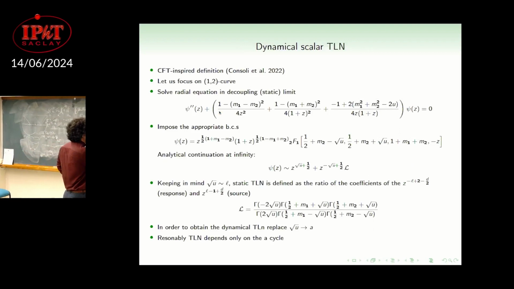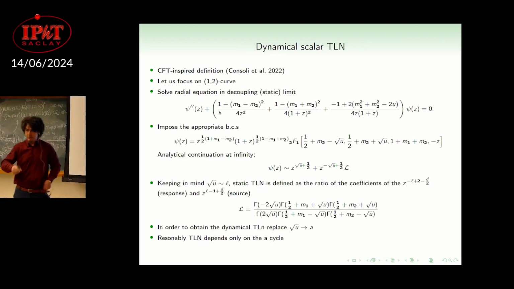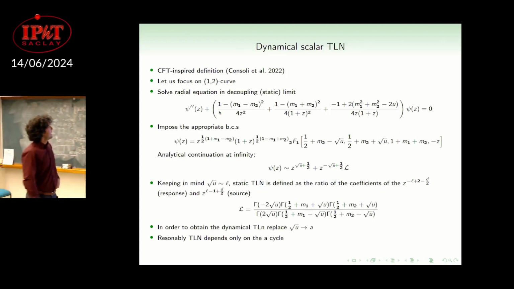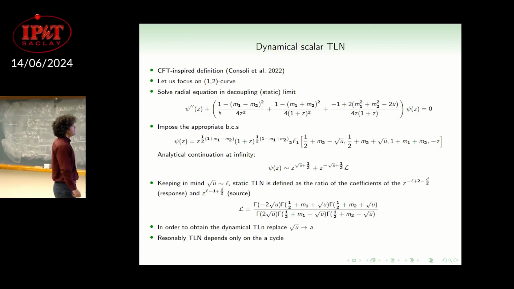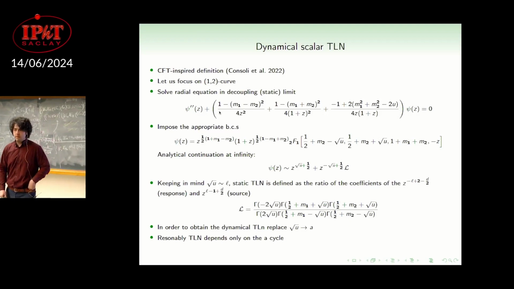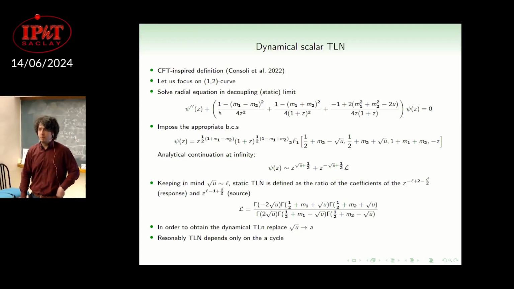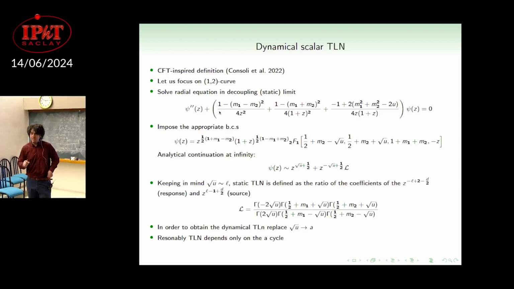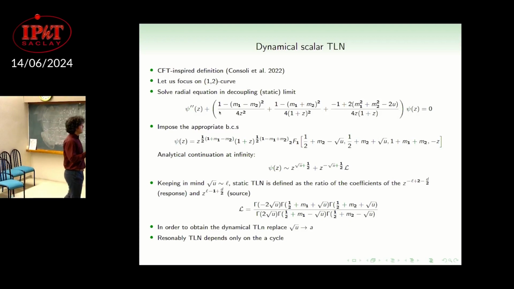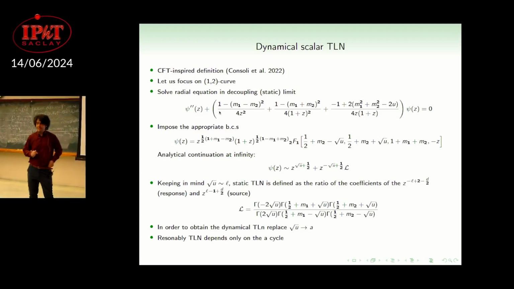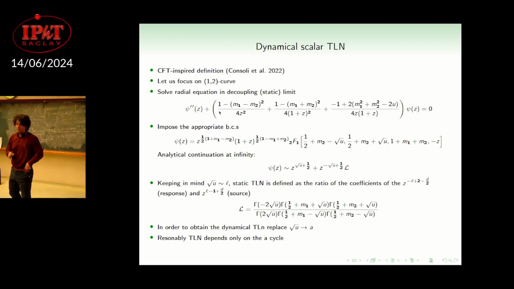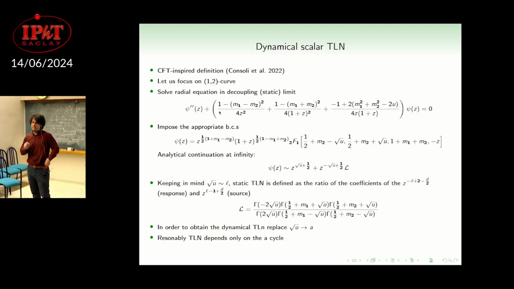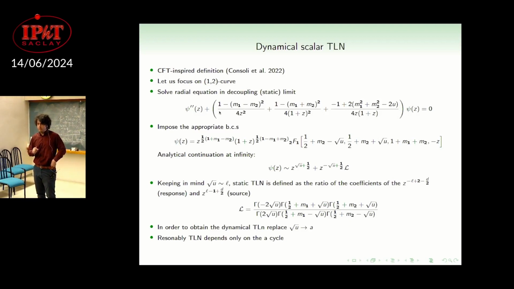Now I will answer your question. In literature, usually you will find information about the static tidal love number. What does it mean? It means that people usually study the tidal deformation due to the presence of a wave that does not depend on omega, on the frequency.